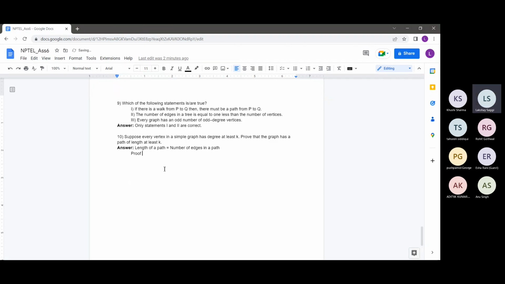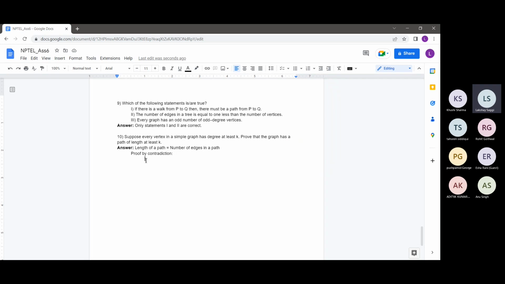So we'll try to prove this by contradiction. We have already seen how a proof by contradiction goes. Basically we have to prove that the graph has a path of length at least k.